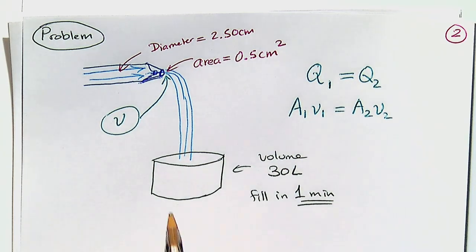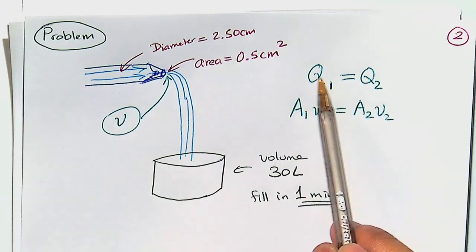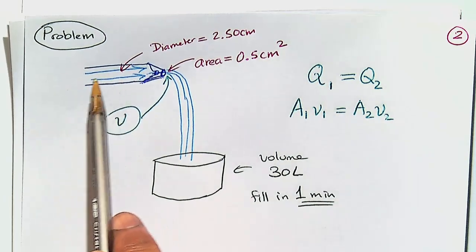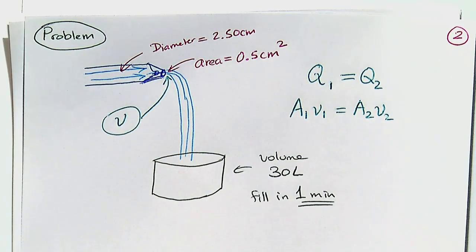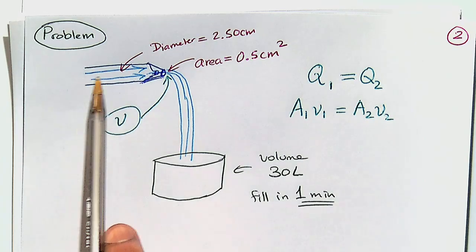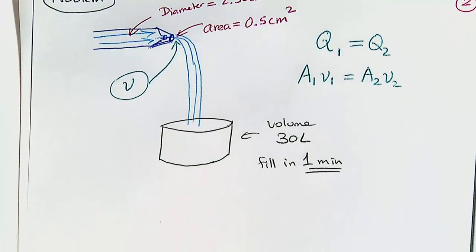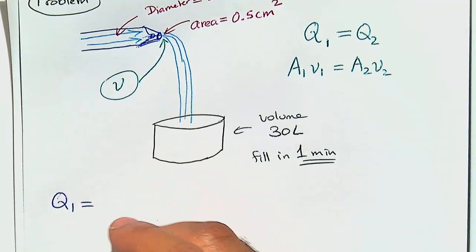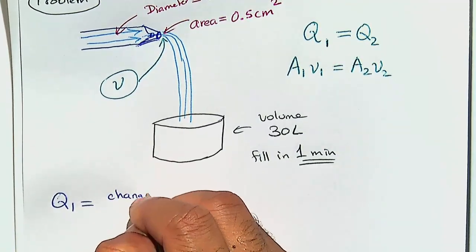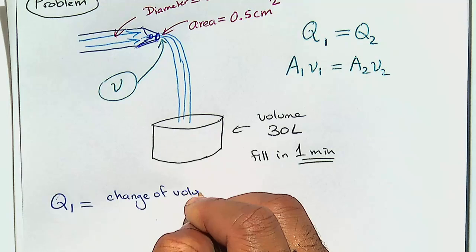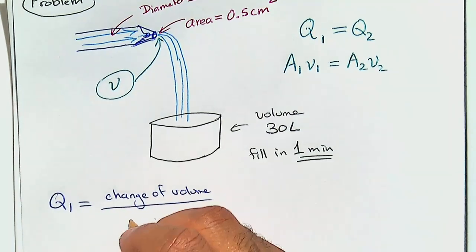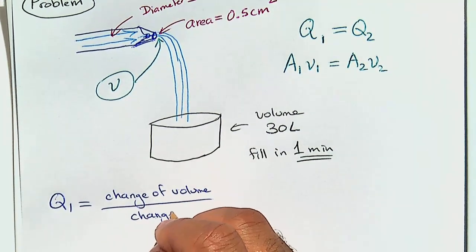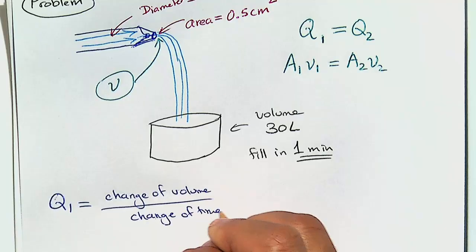So we can start thinking about that. Let's say, can we determine how much came here? Q1, volume per time that came from this side, can we figure that out? Well, yeah, because Q1 is equal to what? The change of volume, how much volume of fluid went through a certain change of time.